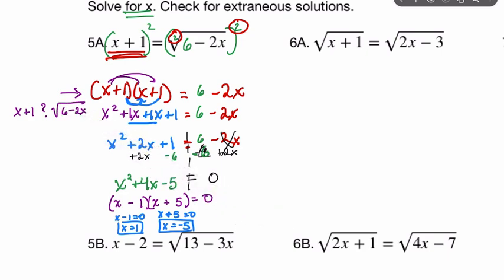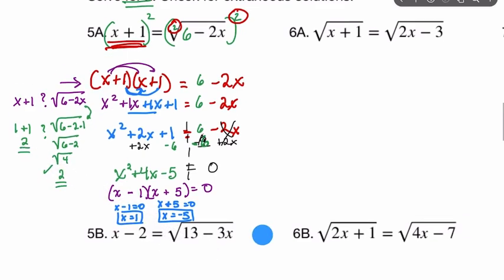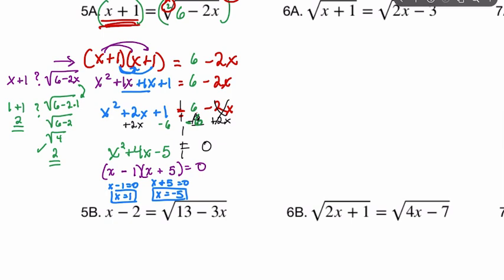If I put in a 1, it'd be 1 plus 1, and would that equal the other side, replacing this x with a 1 right there. Yeah, it checked. When I plugged in 1, the left side equaled 2, and the right side also ended up equaling 2. Let me check the negative 5 now.